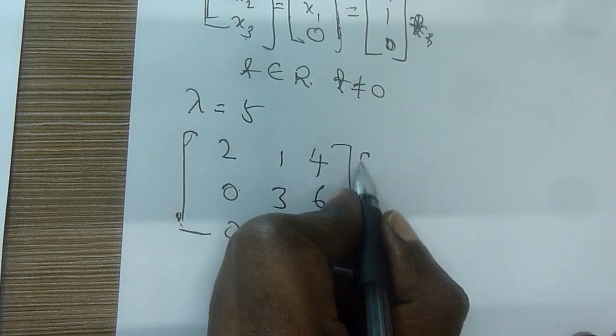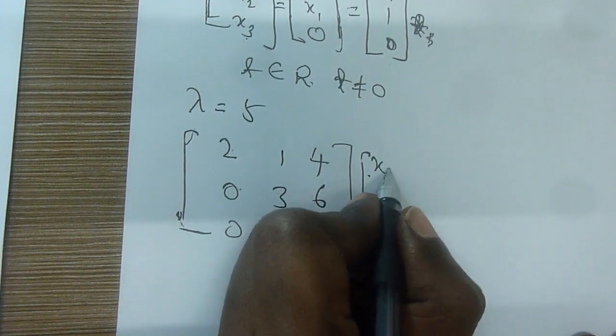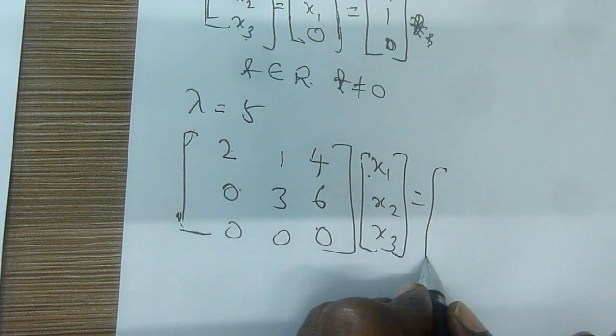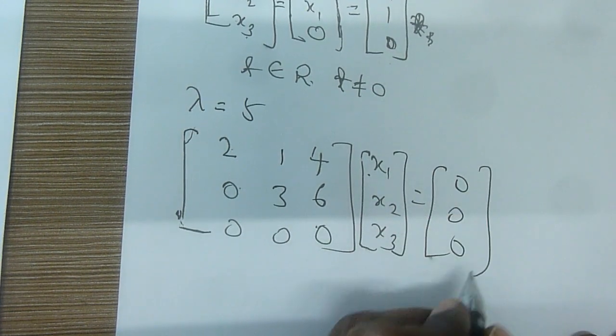This is something very interesting. x1 x2 x3 equals 0 0 0.